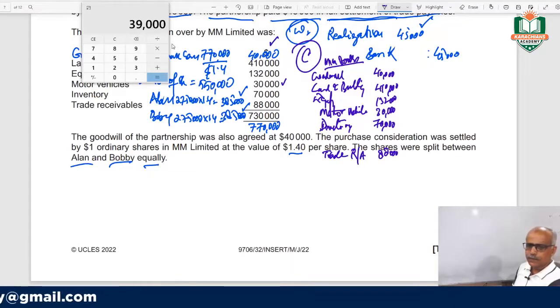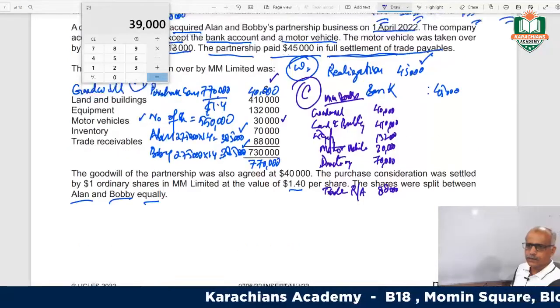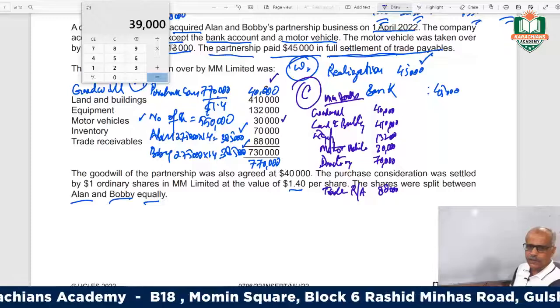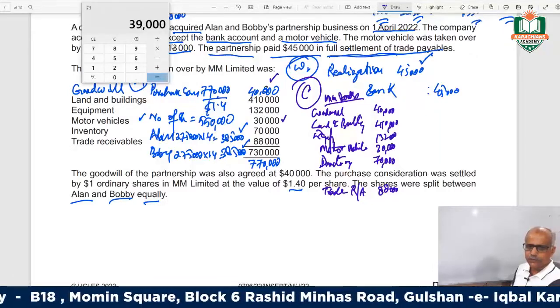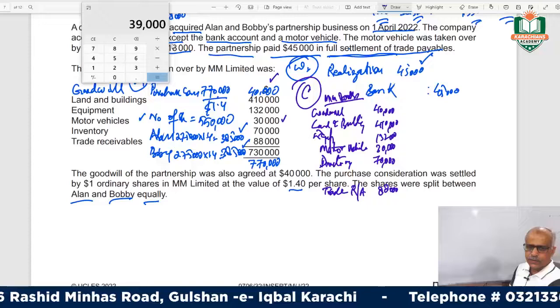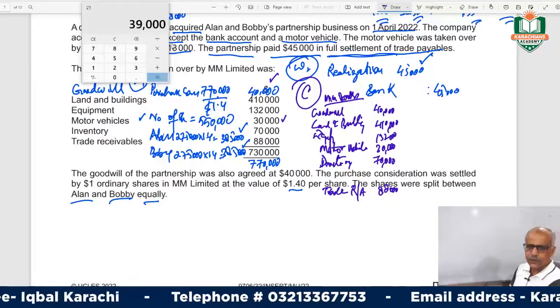This will be debit, and they will issue, as we discussed, 770,000 in consideration. This working we already have done. They have issued 550,000 shares and then premium.